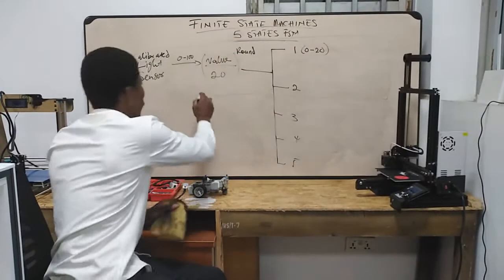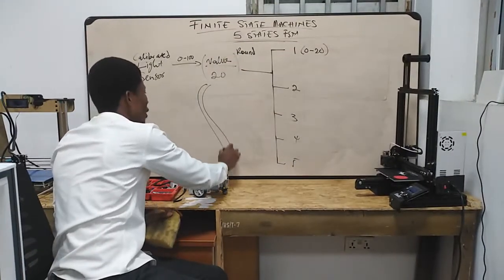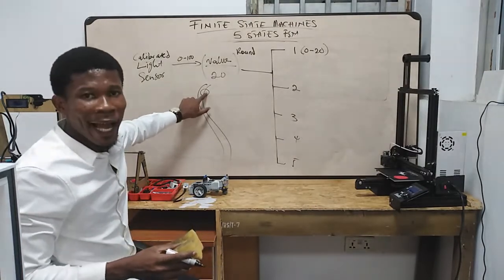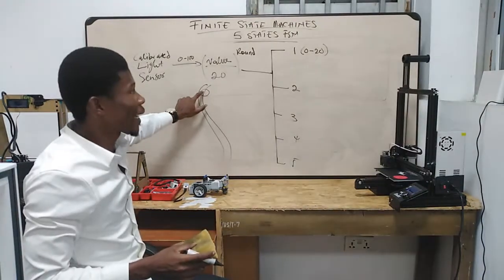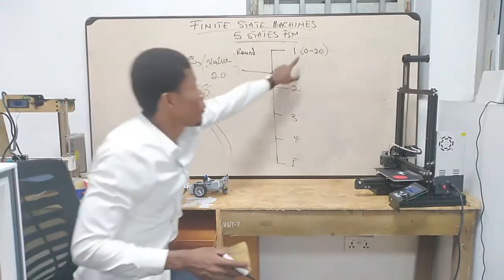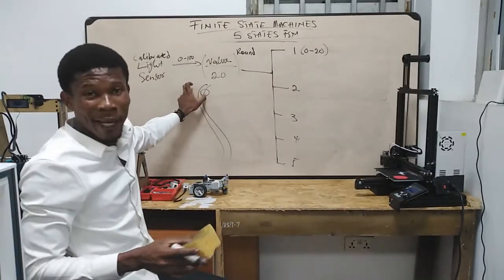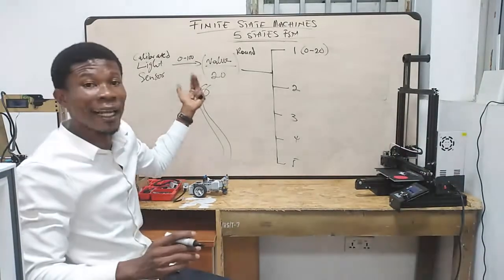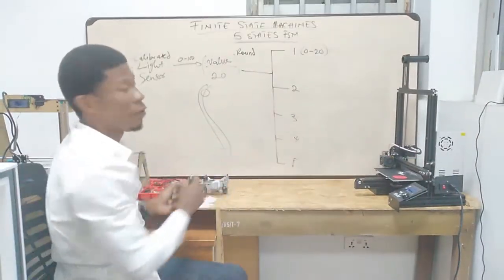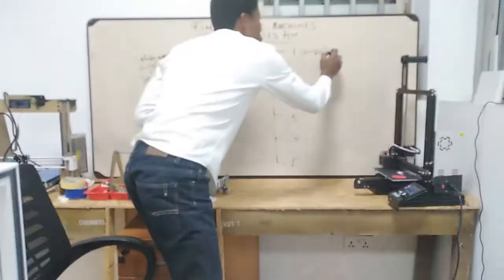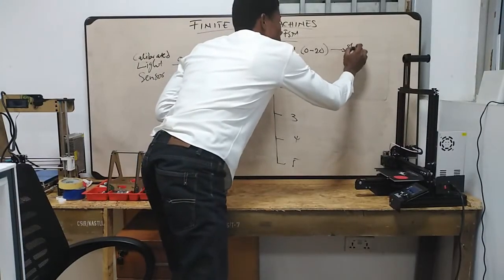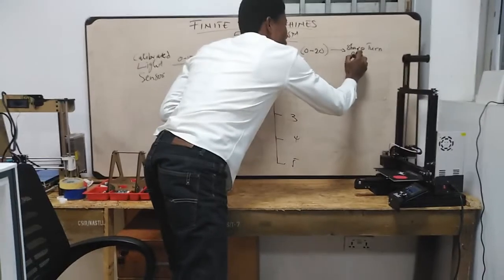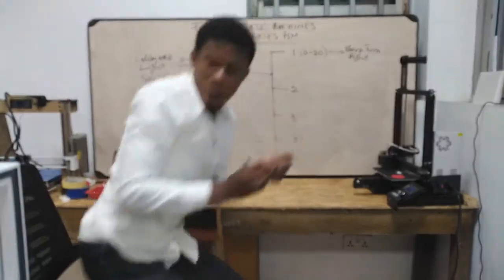And what does it stand for? Anything between 0 and 20 means that the light sensor had moved so much into the black. It was almost completely in the black, because if it was a 0, it means we are totally in the black. And that means our drift into the black is so high that we need a sharp turn to our right. So this will correspond to, let's say, sharp turn to our right.